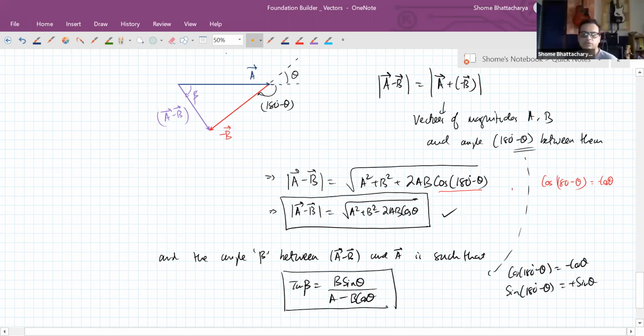So it's coming from the previous triangle law formula, just replacing theta with 180 minus theta. The numerator remains positive B sine theta, but the denominator, which was A plus B cos theta, becomes A minus B cos theta. So these are the two formulae required for the magnitude and the direction of the difference of two vectors. And this is how we construct the vector triangle: by taking the vector A and then on it drawing the vector minus B instead of drawing the vector B.